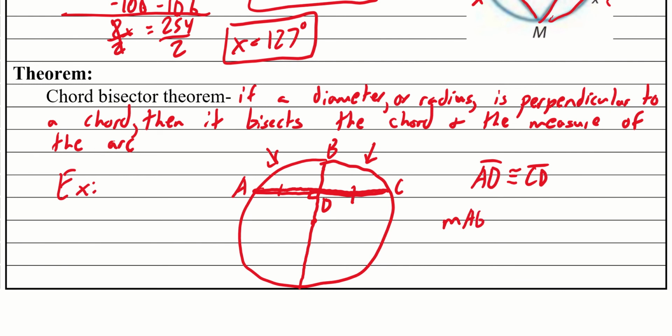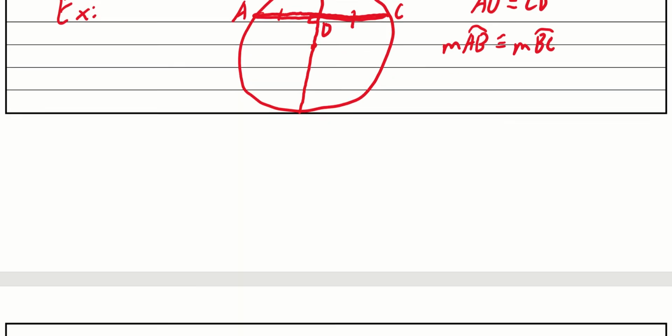So the measure of arc AB, whatever angle measure or degree that is, it's always going to be the same as the measure of arc BC or CB, doesn't matter how you name it. So this is the idea. Look for this. If I see basically a right angle, in other words, perpendicular lines inside a circle, then I know the chord is being bisected and the arc is being bisected as well. So practicing this a little bit.